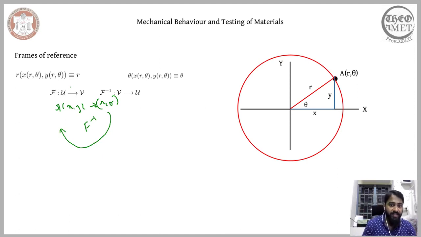So f here indicates a numerical operation. One numerical operation allows my entity or my parameter to be described in another frame of reference, let's say from u to v frame of reference. When I do the inverse of the numerical operation, I'll be able to bring back the expression of the parameter from v to u.